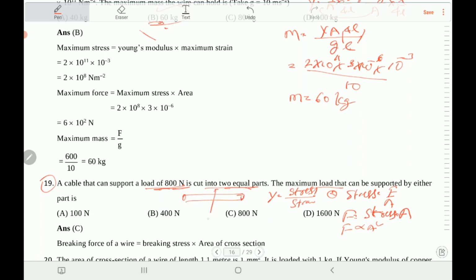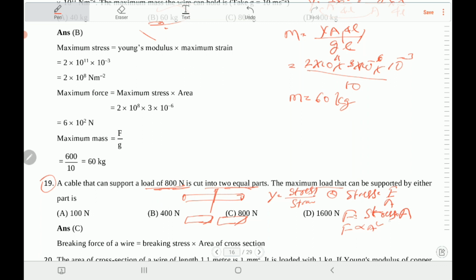Now it is cut into 2 parts, right? Both have the same area. Since area is the same for both the wires, breaking strength is also a constant. It doesn't depend on the length. If you make it a half, the force is halved, something like that is not there here.